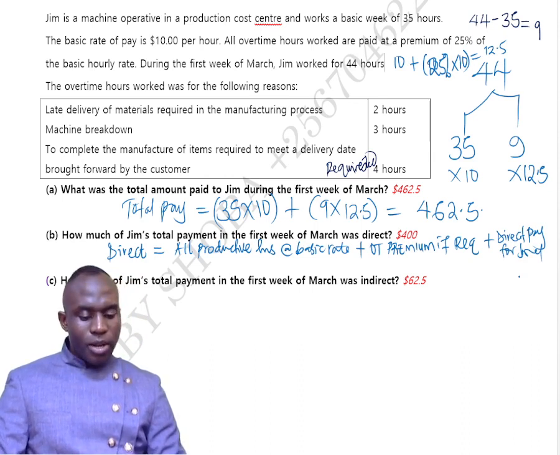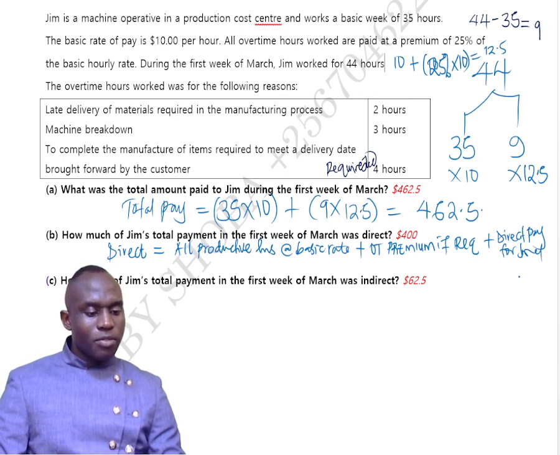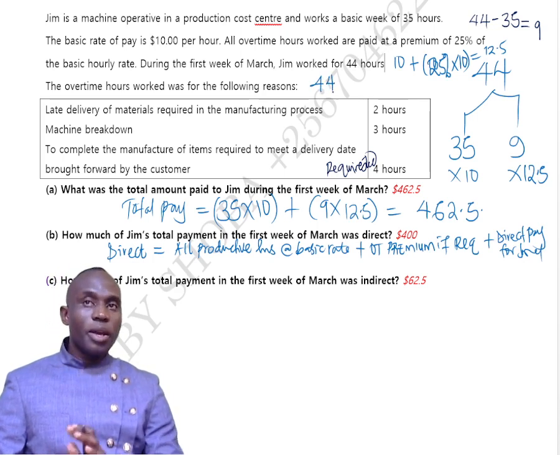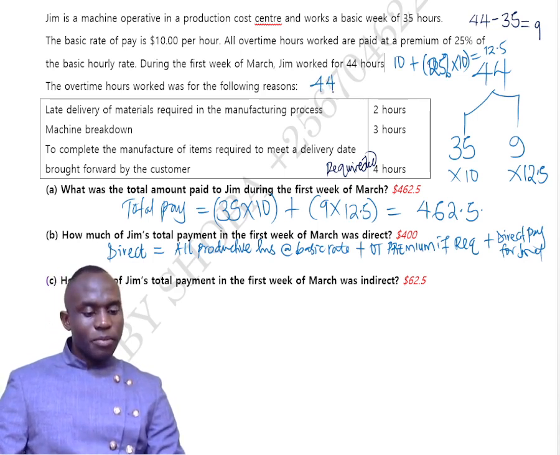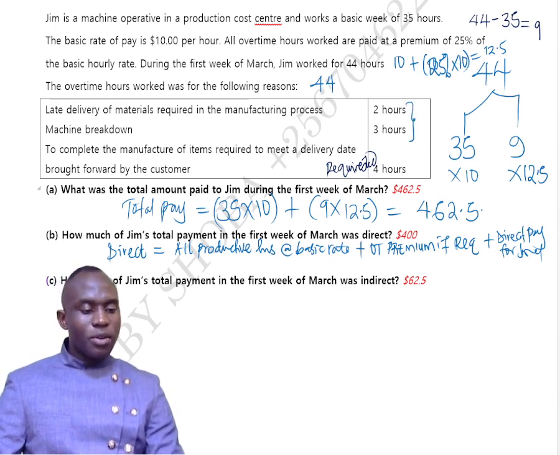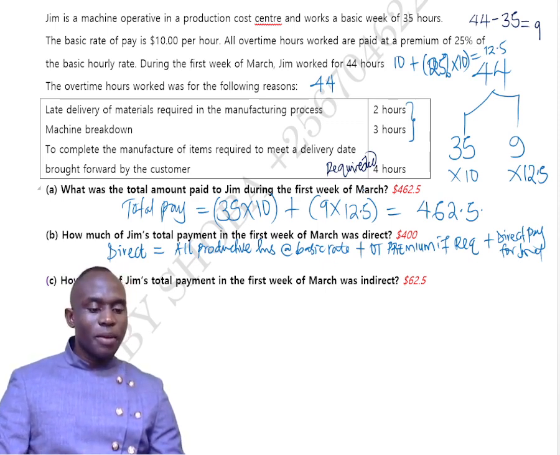Now if we look at the data, how much of the total time were the productive hours? The guy worked for a total of 44 hours, but how many hours were actually productive? These 5 hours, the idle time, were not productive hours because he was waiting for late delivery.